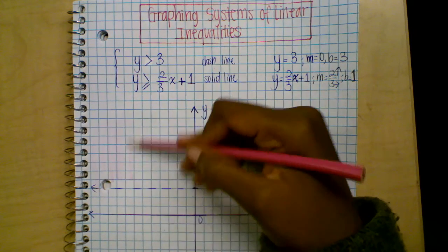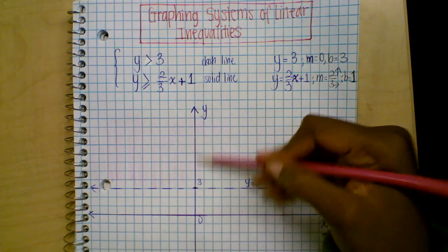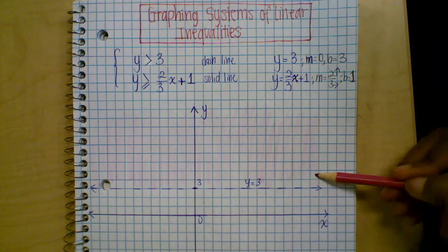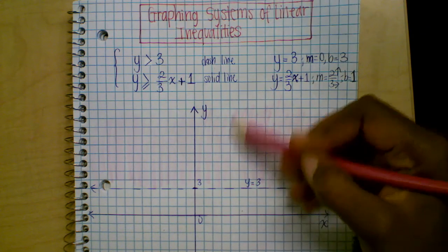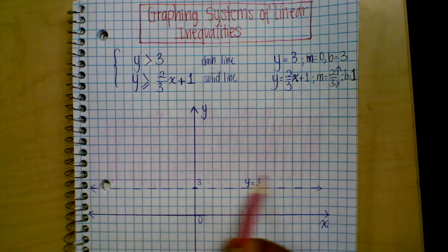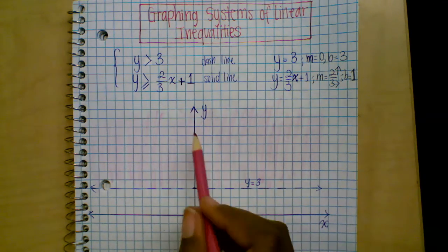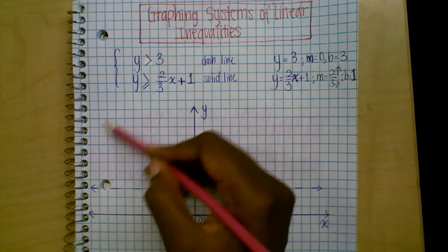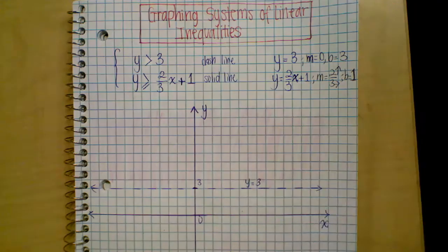So you're going to shade the region above the line y equals 3, not below. Why? Because those y values are greater than 3. 4 is greater than 3, 5 is greater than 3, 6 is greater than 3, and so forth. That's why you color above, not below. Below, the y values are less than 3.